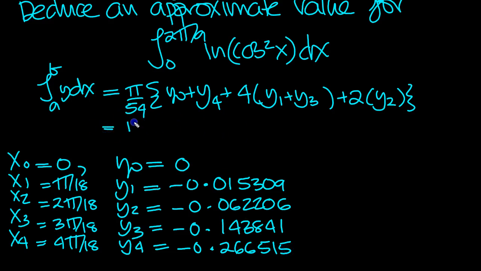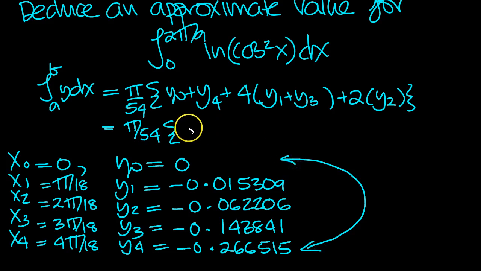So that's pi over 54. The first one plus the last one, that would be minus 0.266515 plus 0, which is still the same.